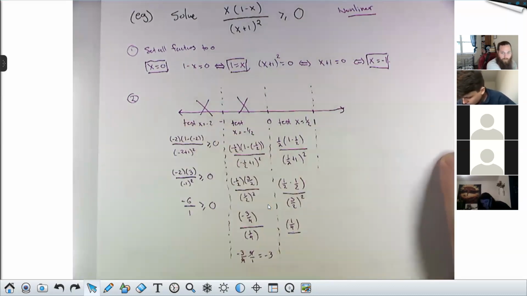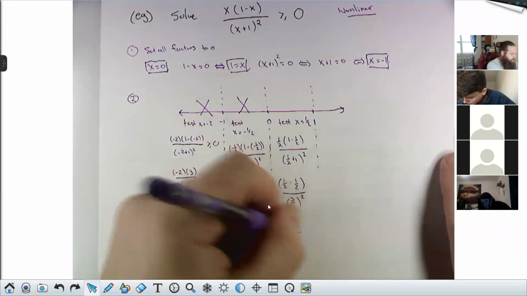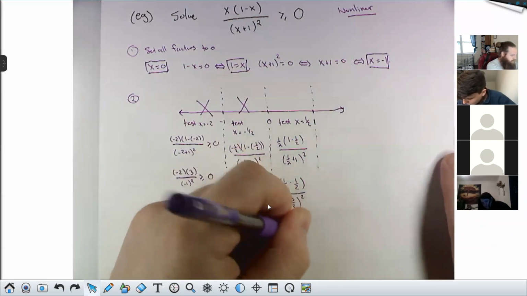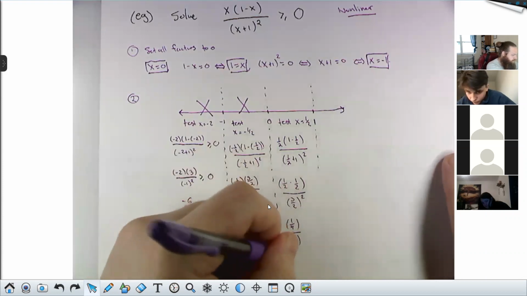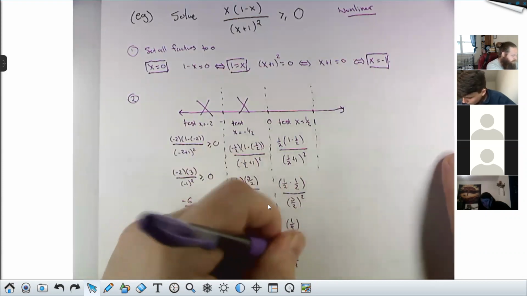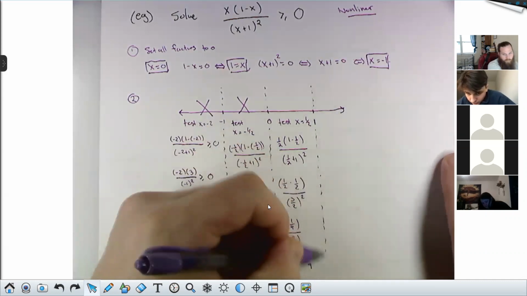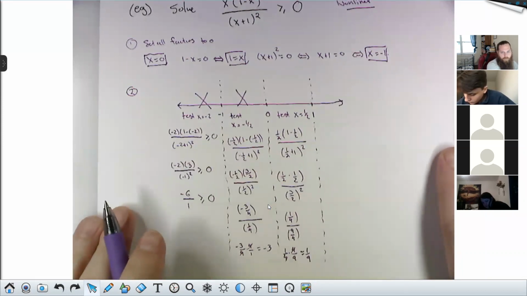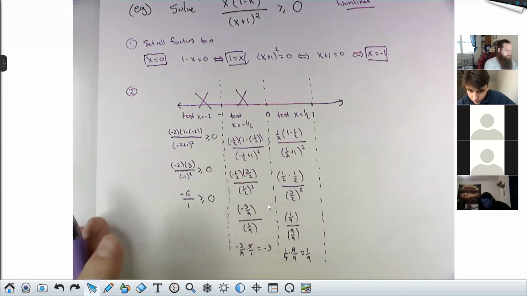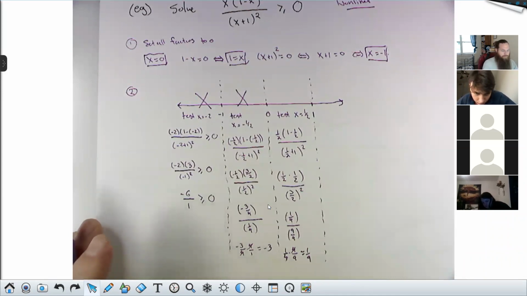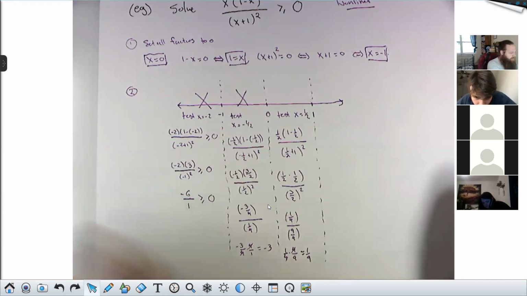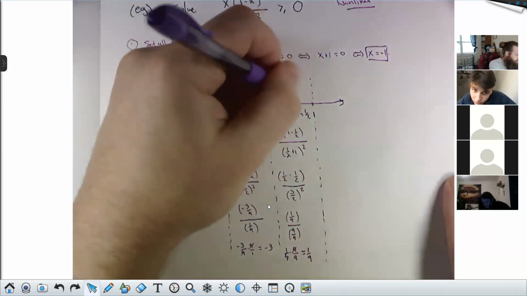Whenever you see a big fraction bar, remember the top and bottom are all in parentheses. Downstairs, 3/2 squared is 9 over 4. So this is 1 over 4 times 4 over 9. Cancel the 4s and you get positive 1/9. Is positive 1/9 greater than or equal to 0? Yes. Yes, it is, right? It's positive. Anything that's positive is greater than 0. So this region is good.